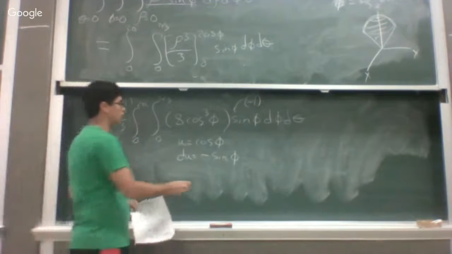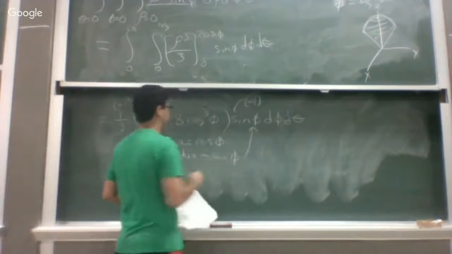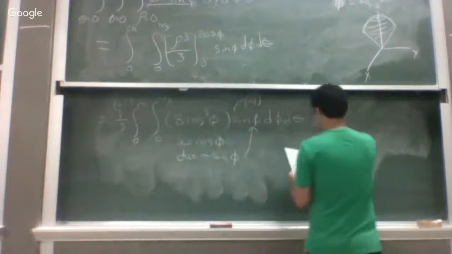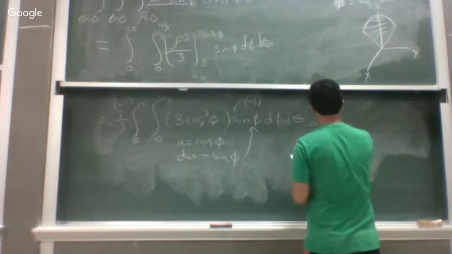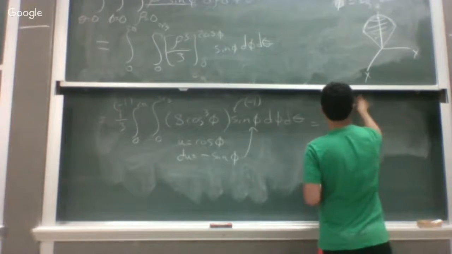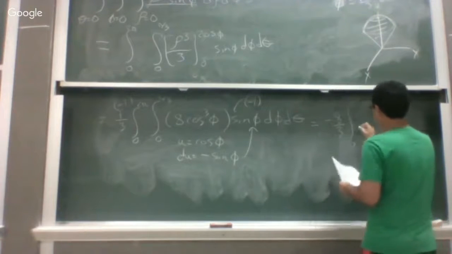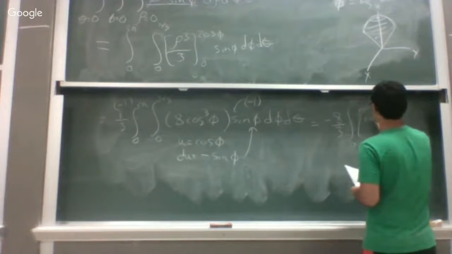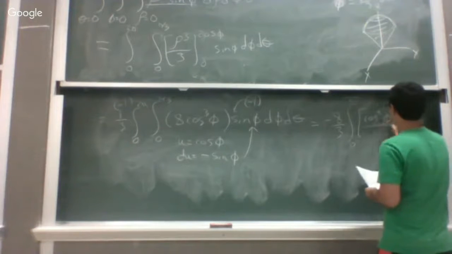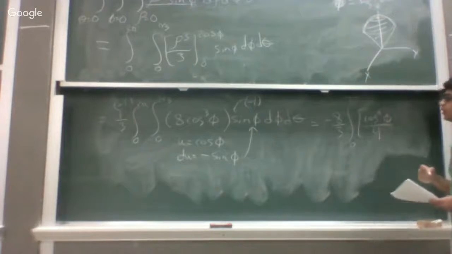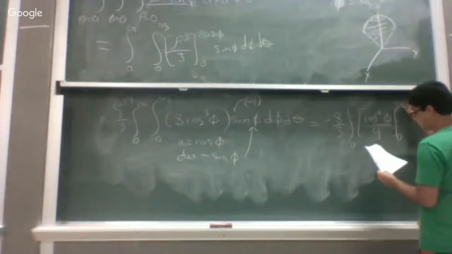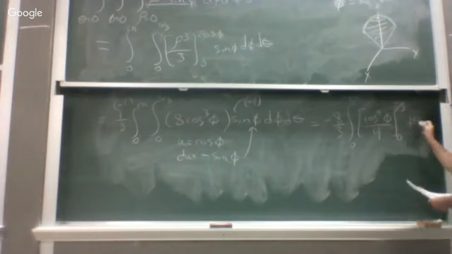So then we have du right there. So then this is equal to negative 8/3, going from 0 to 2 pi, the integral for theta. And then we have the quantity of cosine to the 4th of phi divided by 4, and then phi is going from 0 to pi over 3. And then we have d theta.